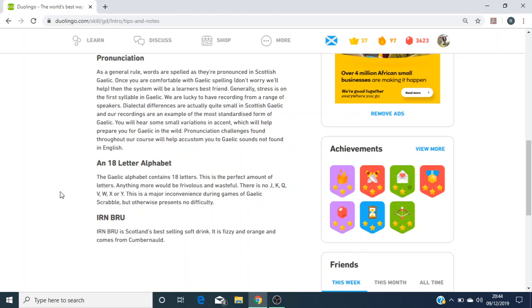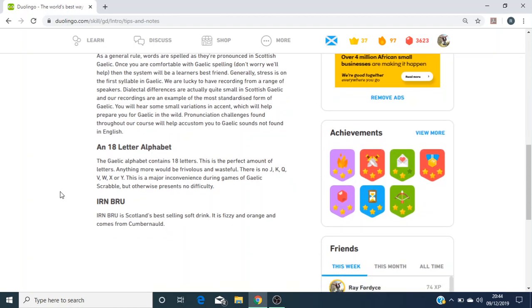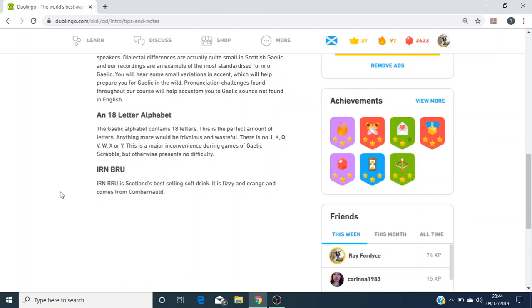I think there are other things like the word for and, agus or as, but I think they're just small differences, and I'm sure it doesn't really matter which pronunciation you use, you'll be understood wherever in the Gaelic-speaking world you are.